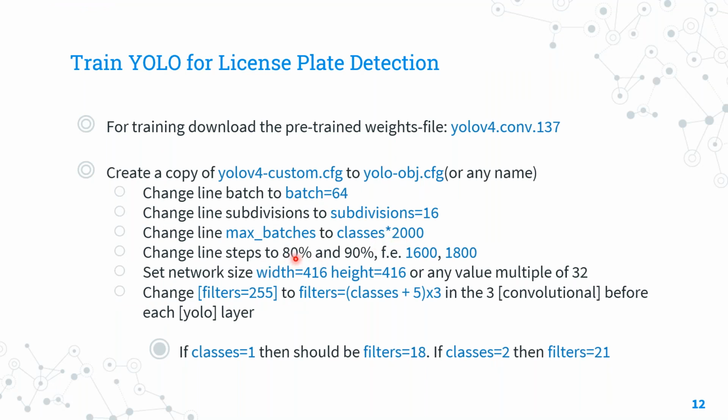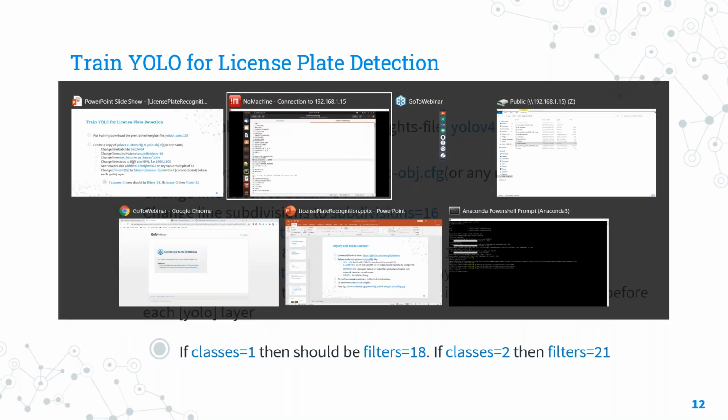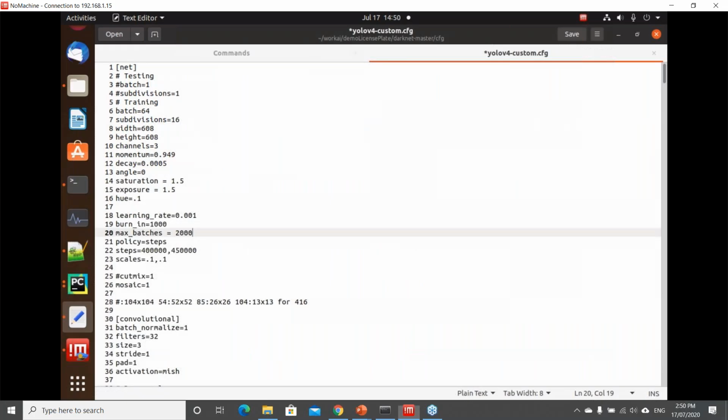Then we need to change the steps, which are 80% and 90% of the max batches, so 1600 and 1800 here. These are the basic changes we need to make in here.